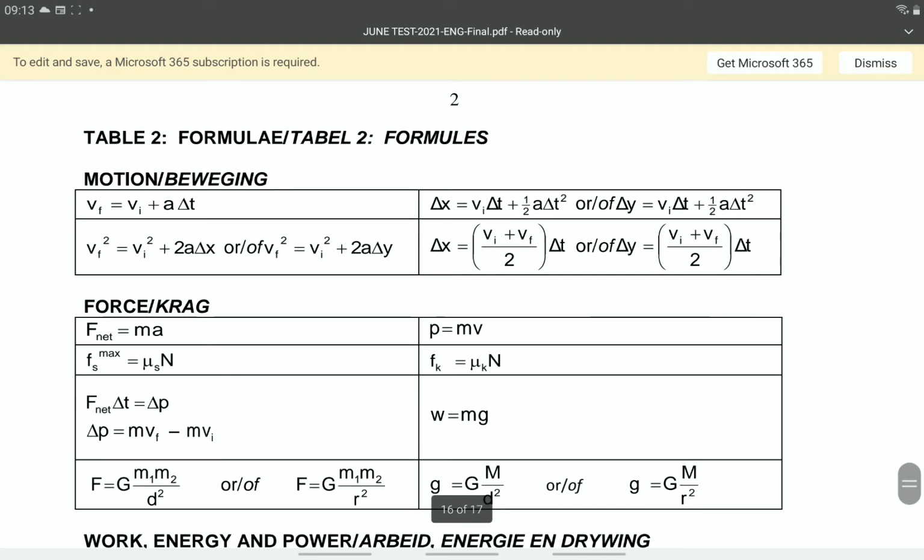Now here, when you go to the formulas, this first table you have there is the one that is going to help you in the questions on projectiles. So I recommend you always come to the formulas so you don't make mistakes. Okay, now if you note all the formulas, we have a couple of formulas here. The first one is the one that is going to help us. Why? Because we have all the data.